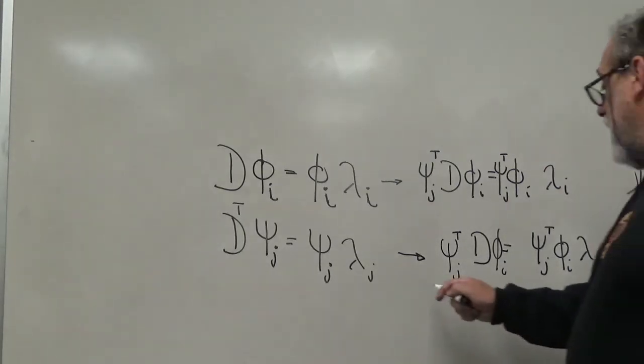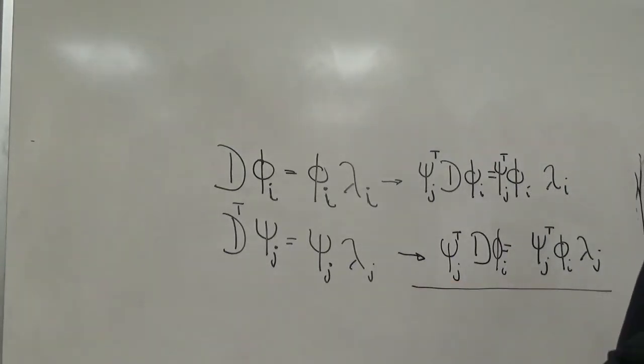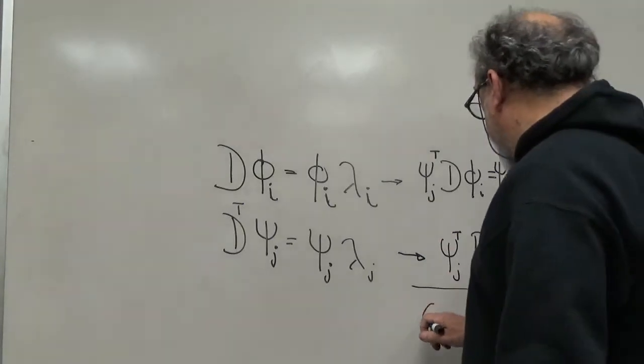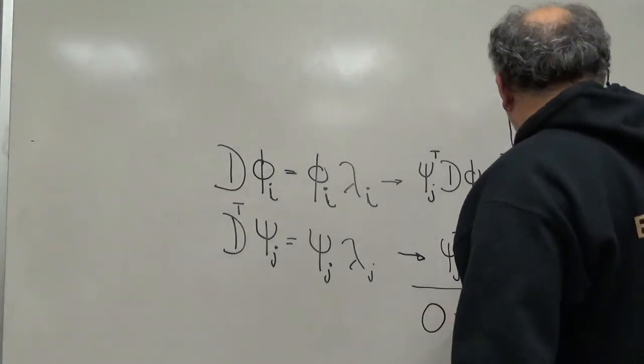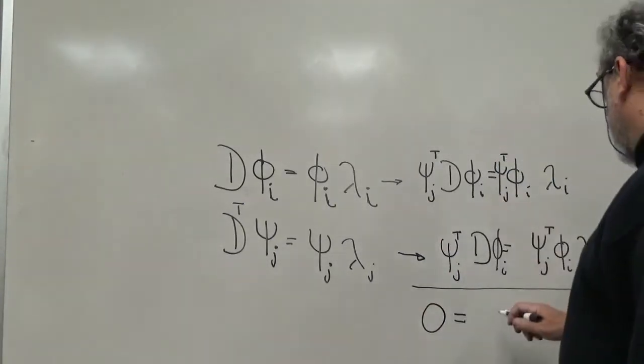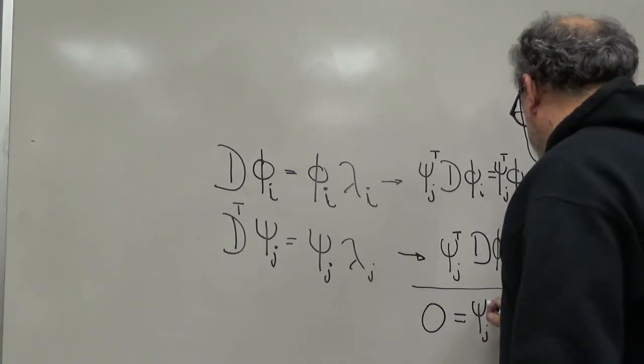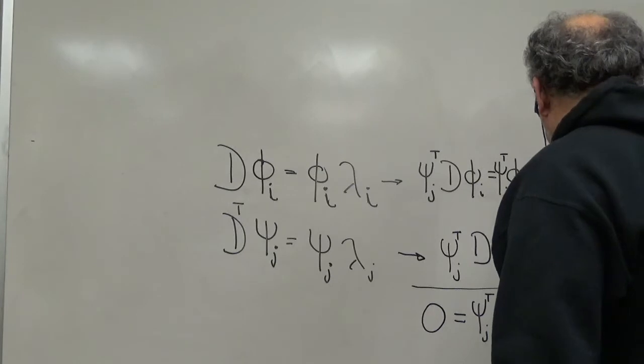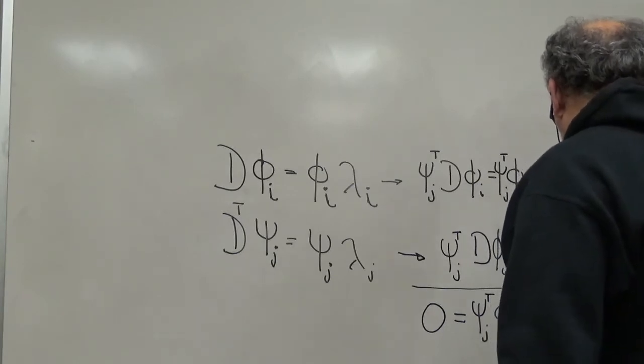Now you can see, this is very similar to what we did in class last time. These two things are the same, therefore subtracting we get 0, and on the right side we have phi j transpose times phi i times lambda i minus lambda j.